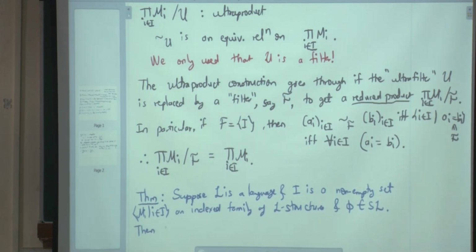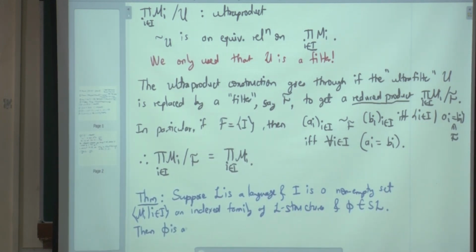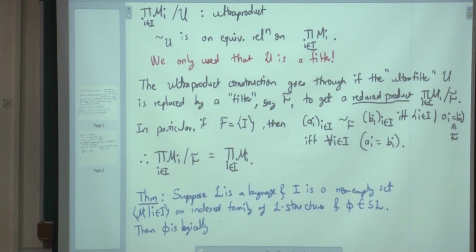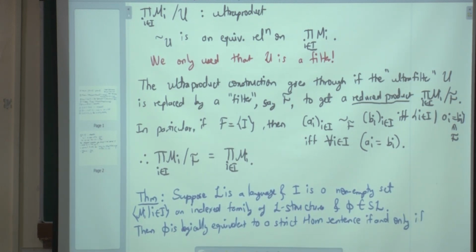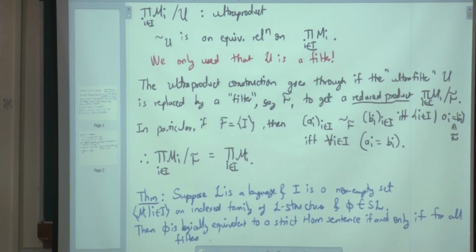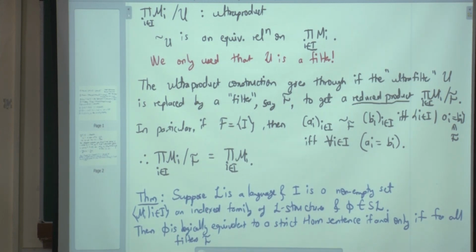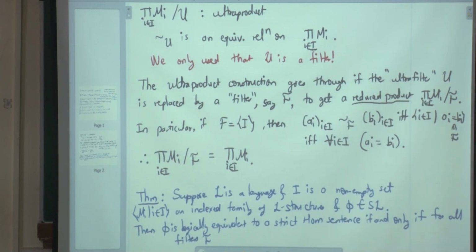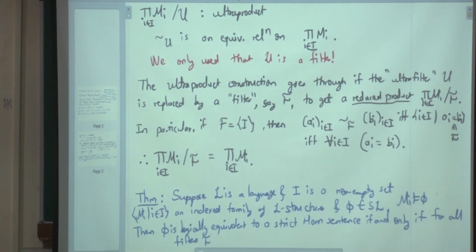Okay, then phi is logically equivalent to a strict Horn sentence if and only if for all filters F, oh wait, I should say something more in the hypothesis, and Mi satisfies phi for all i.